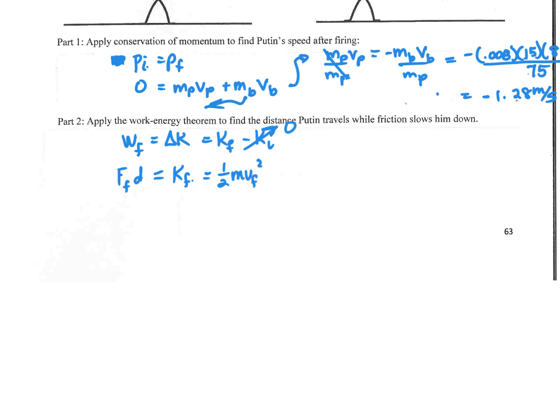Well, the force of friction is going to be mu times what? Did it tell us what the force of friction is? No, it gave us the coefficient of friction. So this is going to be the coefficient of friction times the normal force times d, equals 1/2 m v final squared.